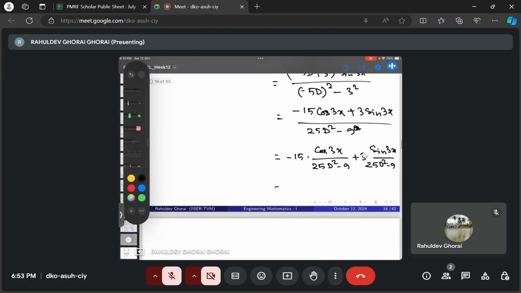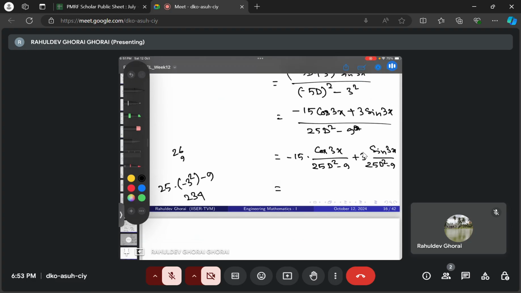So you know now instead of d square you can put minus 3 square. So 25 times minus 3 square minus 9. So mainly 26 times 9, right? So 26 times 9 will be 234 if you calculate.